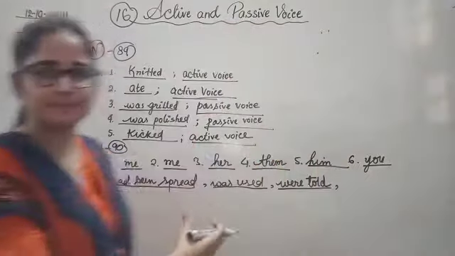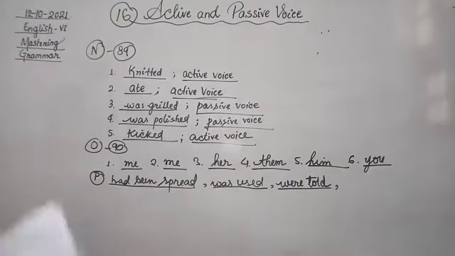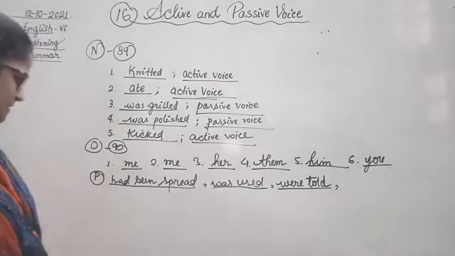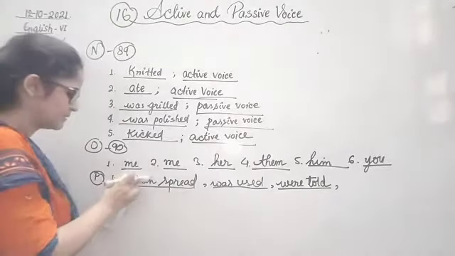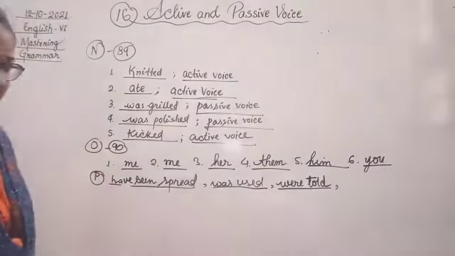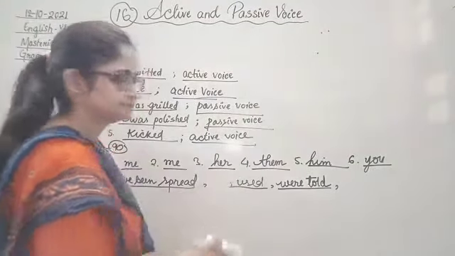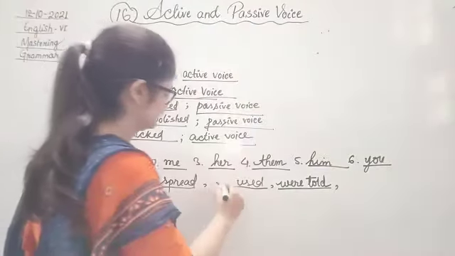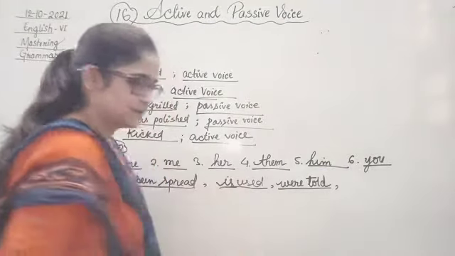I am writing in the past, that's why I am continuing with it. Okay, this was in present, so let's write it in present only. So this can become have been spread. Let's write in present only. Is used. Are told.